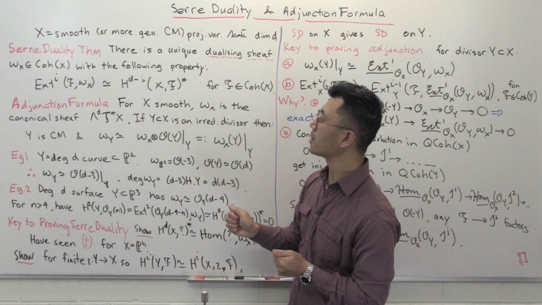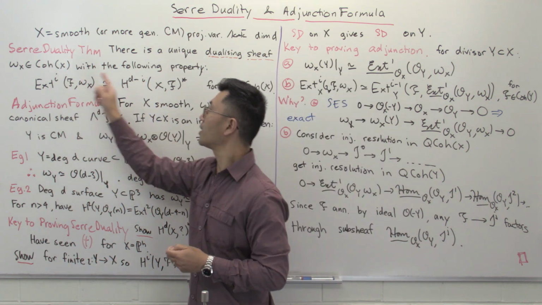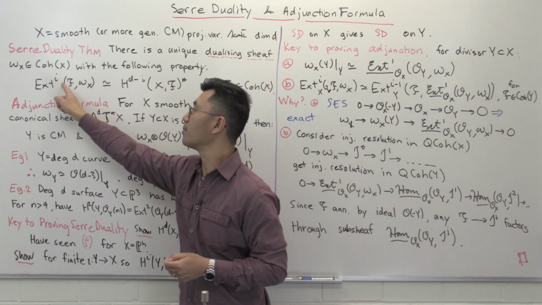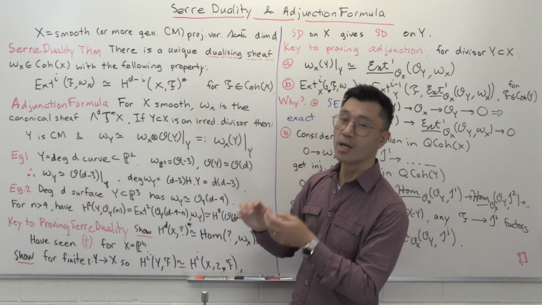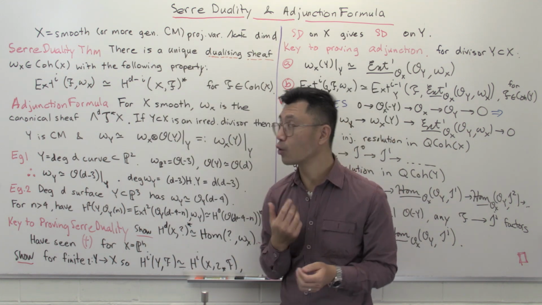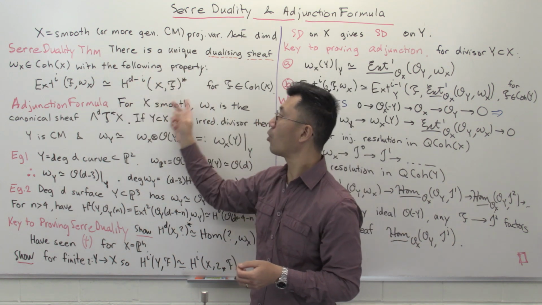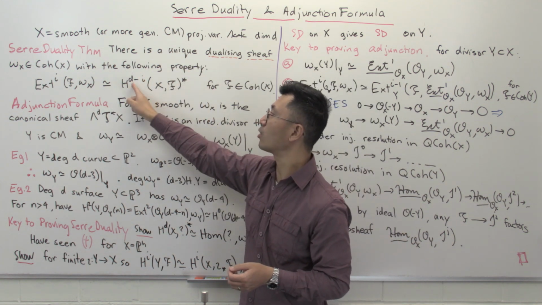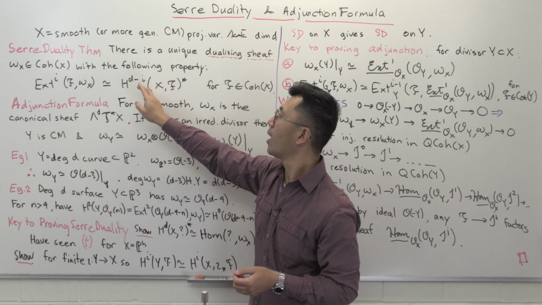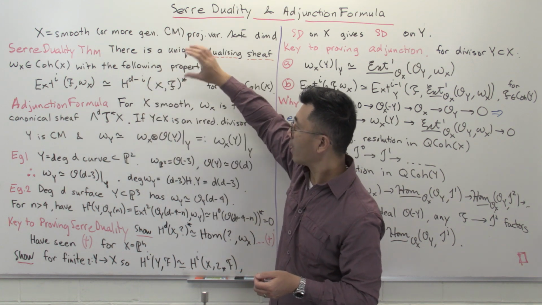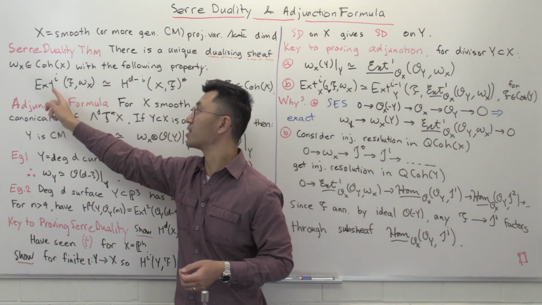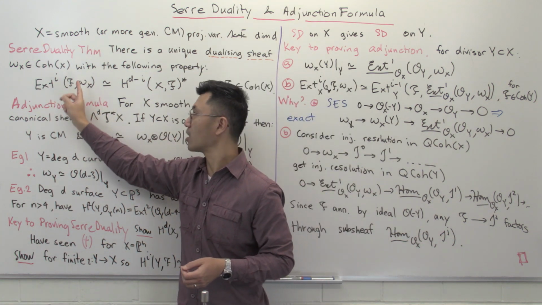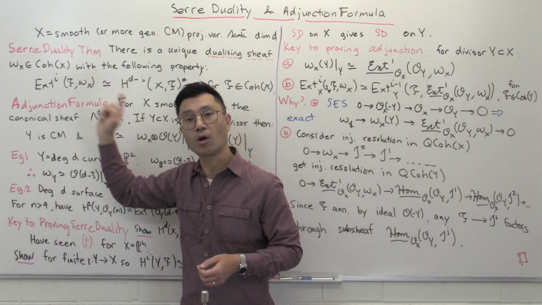The second point, and this is where the duality comes in, is that the sum of the two indices here is the dimension of the variety, d. In the Serre duality theorem that I gave for curves, we saw that if you look at H^1, so d equals 1 here, of a coherent sheaf and you take the vector space dual, you get the Hom, which is Ext^0, of that sheaf into the canonical sheaf.